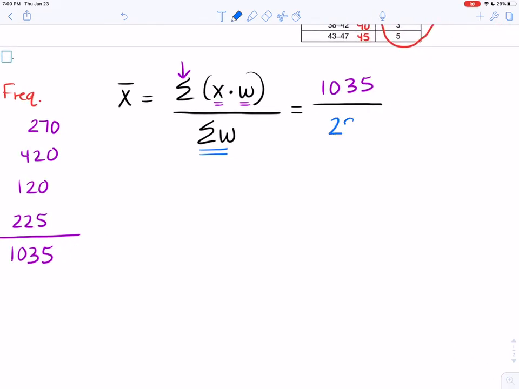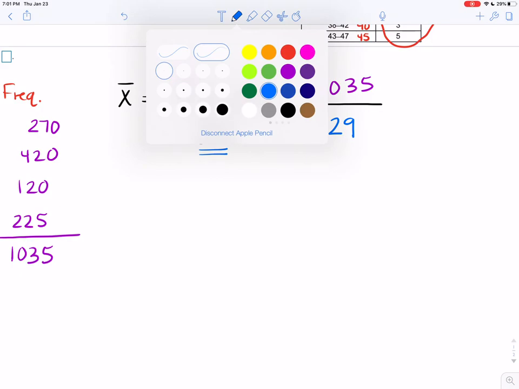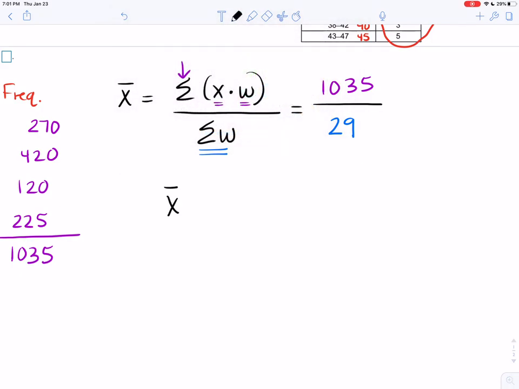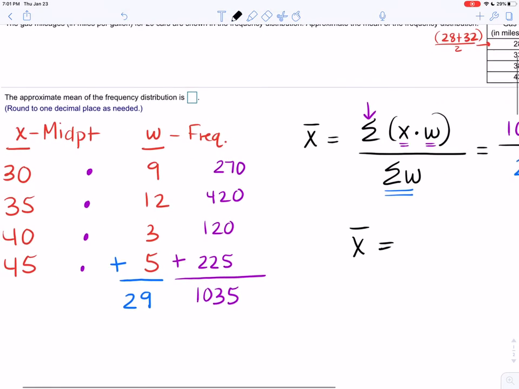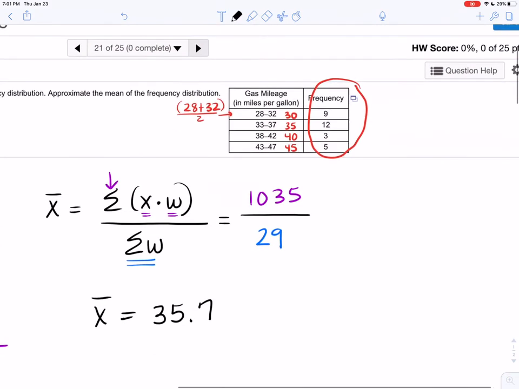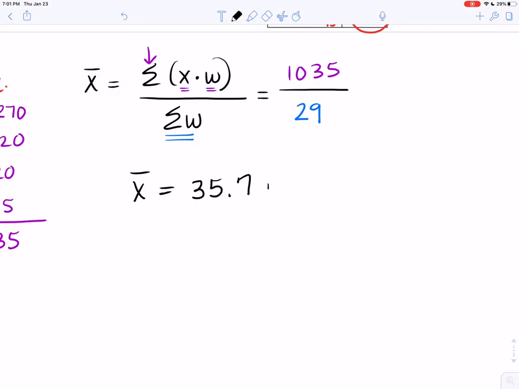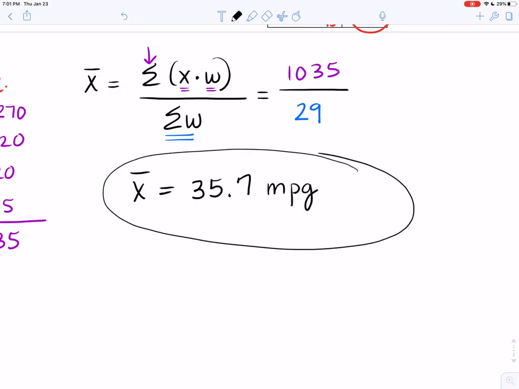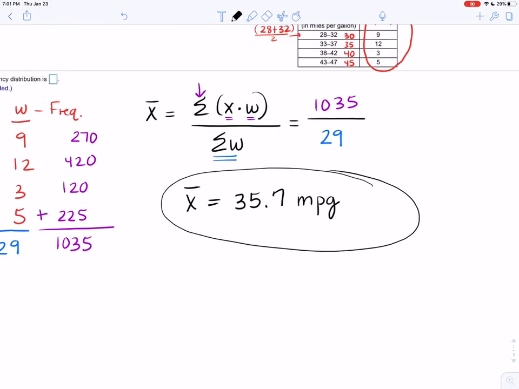That's what I need to divide by here to get the correct mean of this frequency distribution. So if I do that, I get a mean value, and this says round to 1 decimal place, so I get a mean value of 35.7. We're looking at gas mileage here, so we're looking at 35.7 miles per gallon as our mean of this frequency distribution.